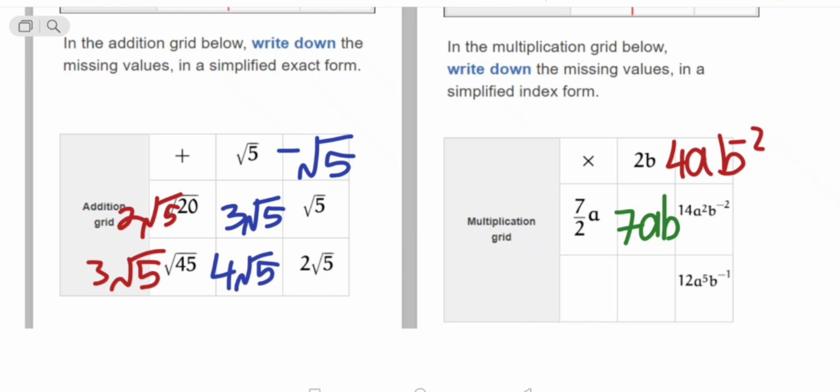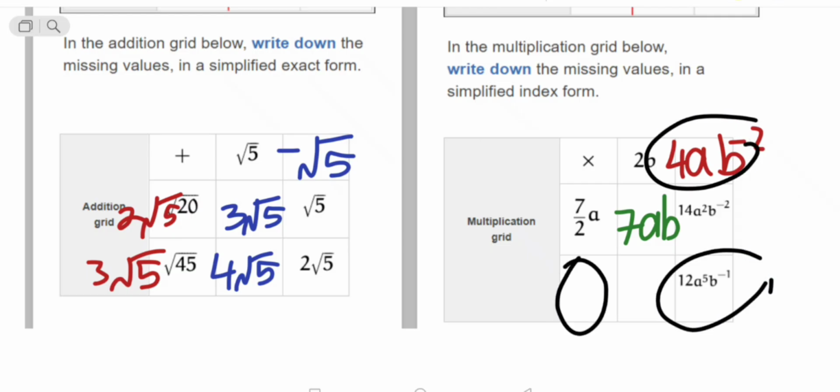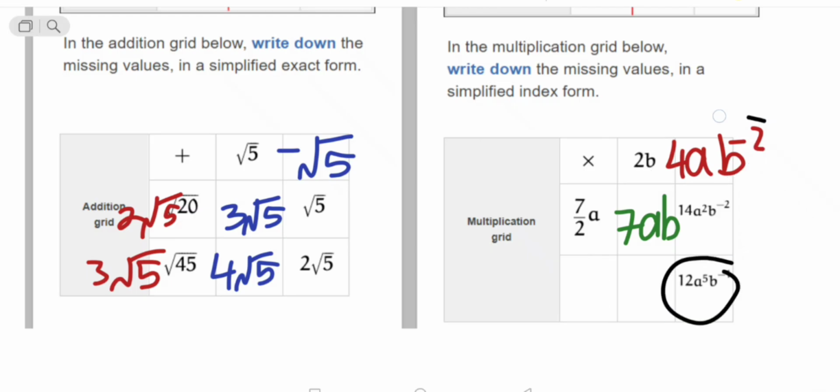Clear? Now we have that one, so we need this one and this one. For that one we will do, this multiplied by this equals this, right? So we have the answer. So what will we do? This divided by this equals this. So let's see, 12 divided by 4, which is equal to 3. A power 5 divided by A, which is equal to A power 4.